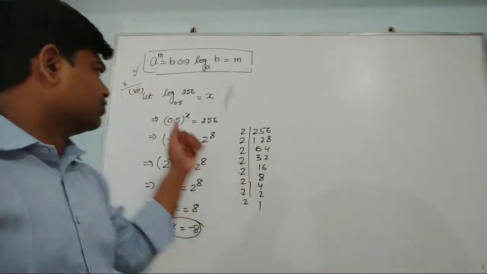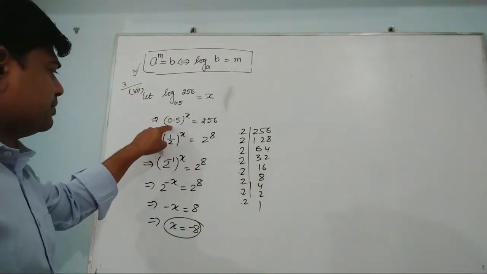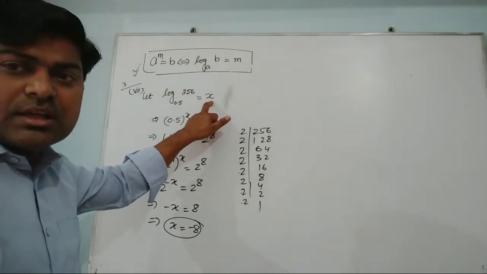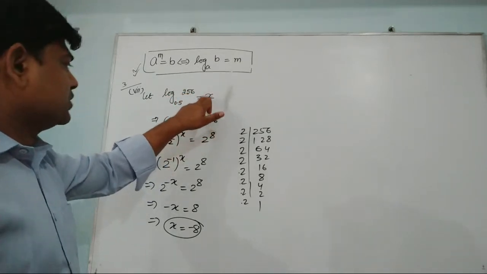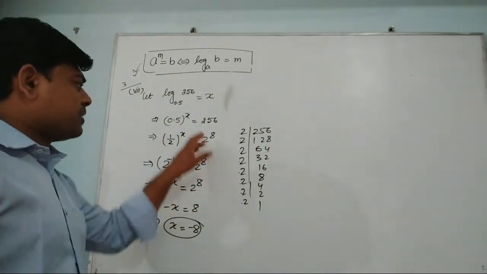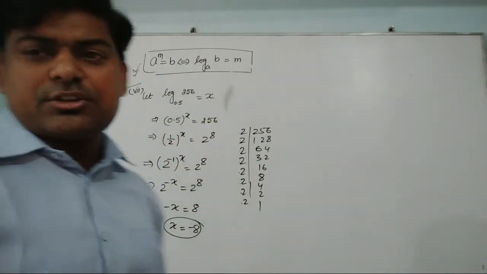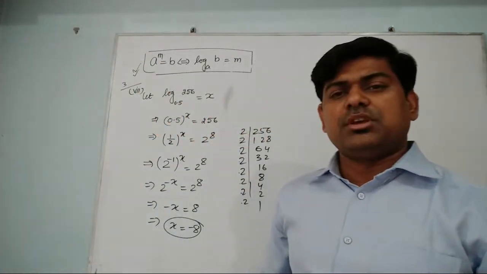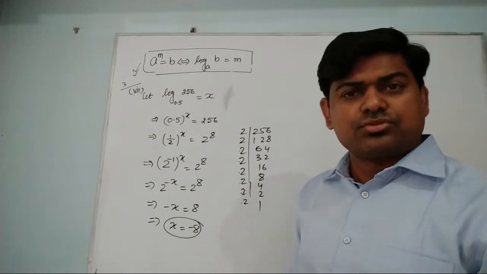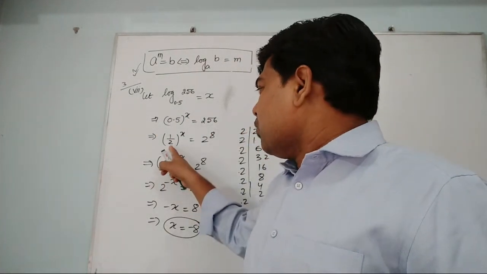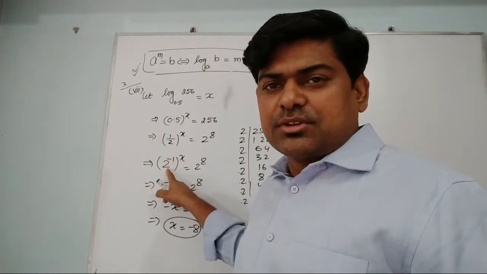And we have done that. See, base is as a base, and as I told you, they will interchange their sides. So x will come here and 256 will come here. Now 256 easily can be written as 2 to the power something, so definitely the left hand side should be in the form of 2 to the power something. So 0.5 easily can be written as 1 upon 2, and 1 upon 2 can be written as 2 to the power minus 1.